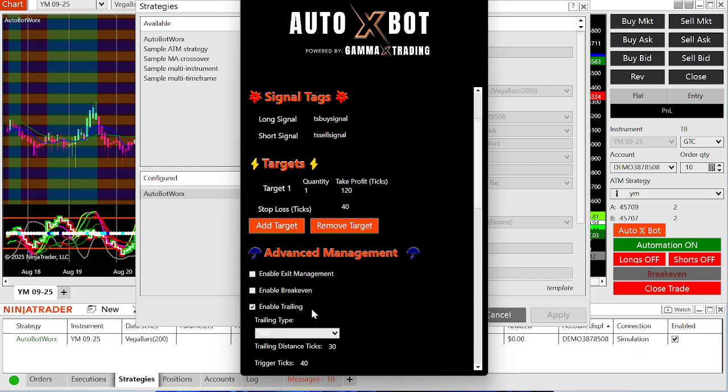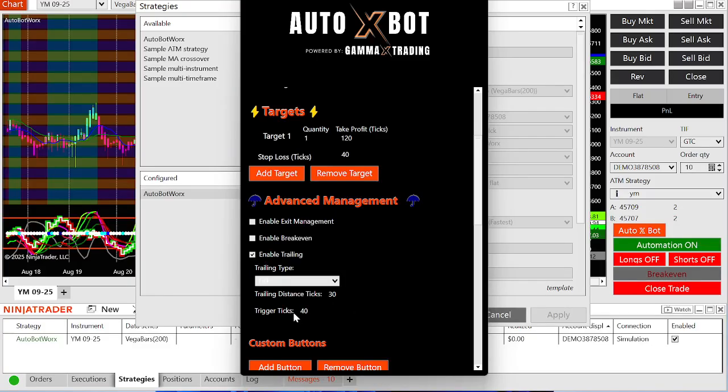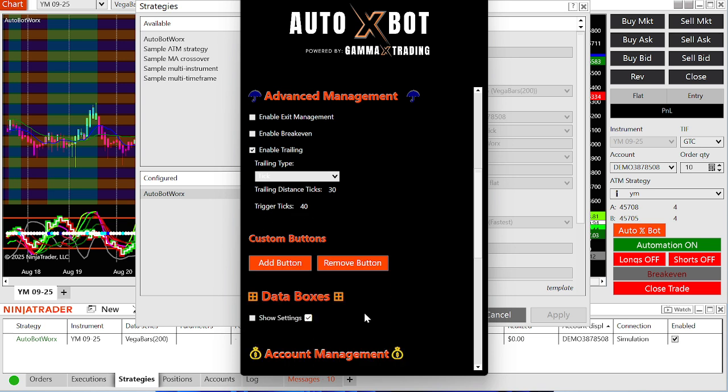So I have trailing set up here. I don't use break even. I use my trailing stop and I trail it by 30 ticks and I initiate the trailing stop once we hit 40 ticks, which is the same as a stop loss. So once I hit 1 to 1, I want to go ahead and trail that stop loss.